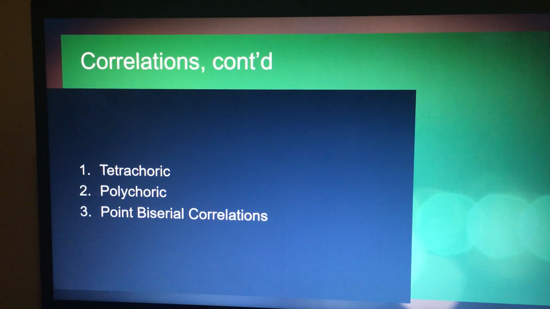And finally, the point biserial correlation is used when we have one binary variable and one continuous interval or ratio variable. So here's an example.